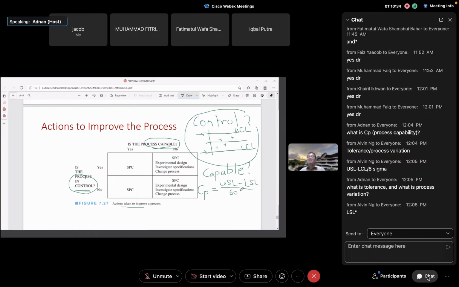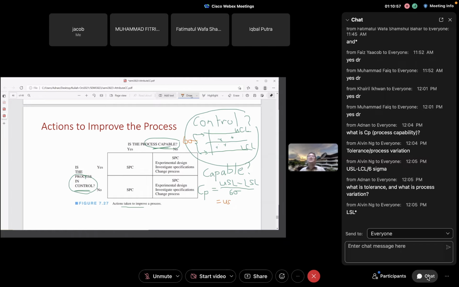Why 6 multiplied by sigma? Actually, this is the range of 6 sigma. So it is basically the control limits. We are comparing.